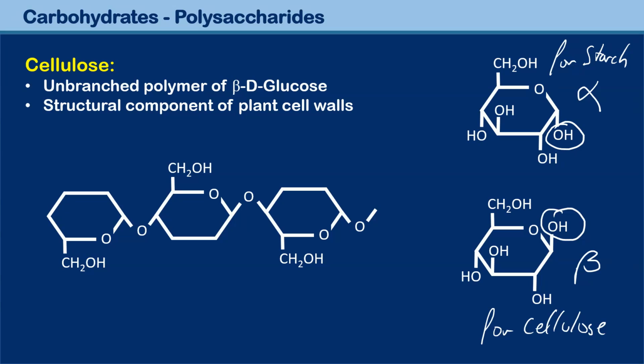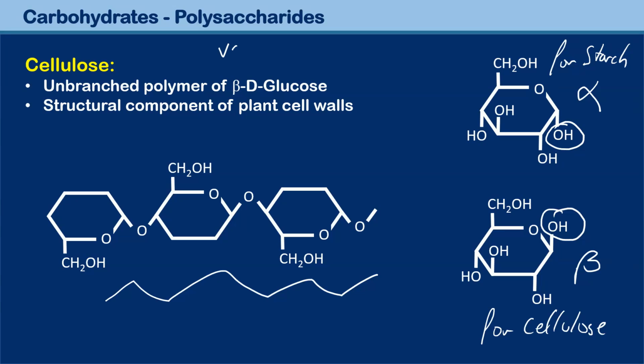In order to make sure that this works out, you can see that in one case it's pointing downwards and in the other upwards, because the whole molecule is turned upside down. This causes cellulose to be in long fibers. Cellulose fibers go kind of zigzag, and they're long, while starch, because the glucose molecule is not flipped around, is actually spiraling.